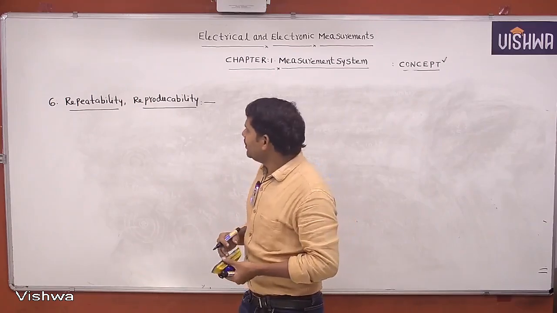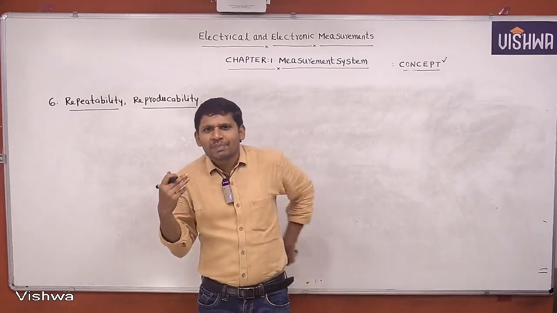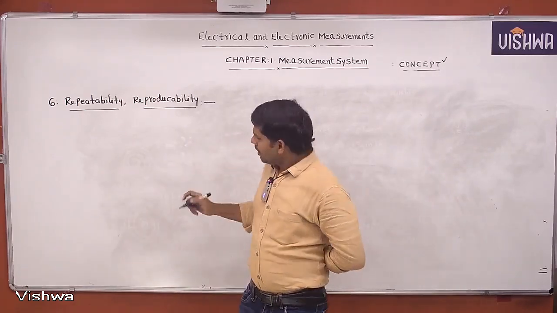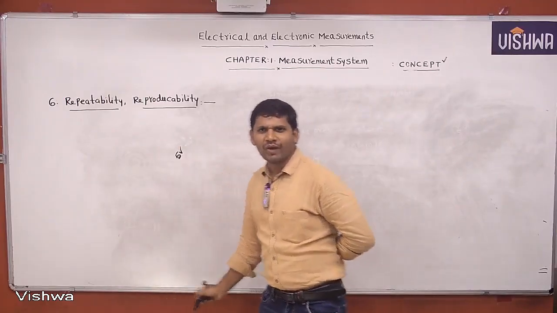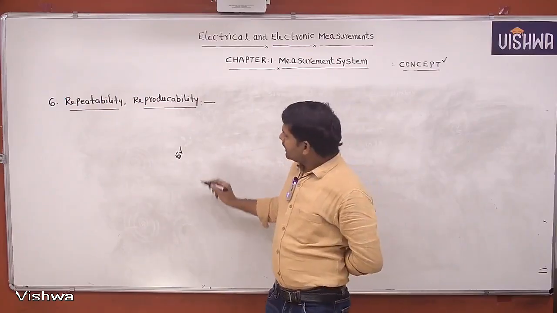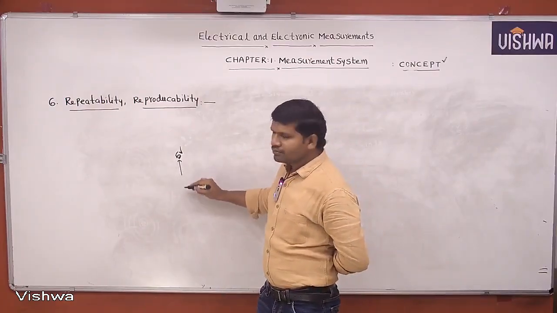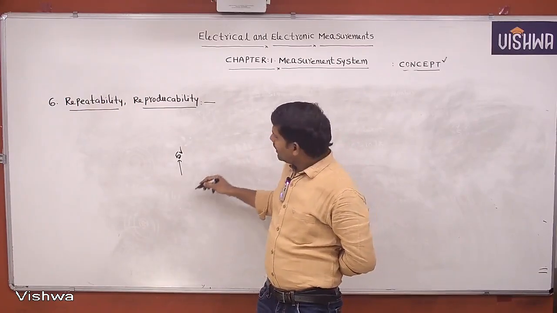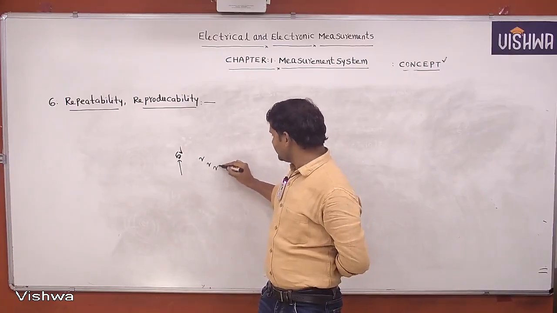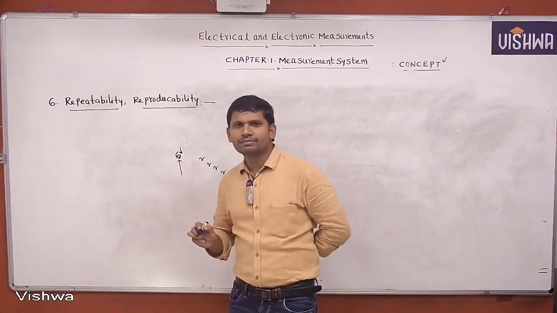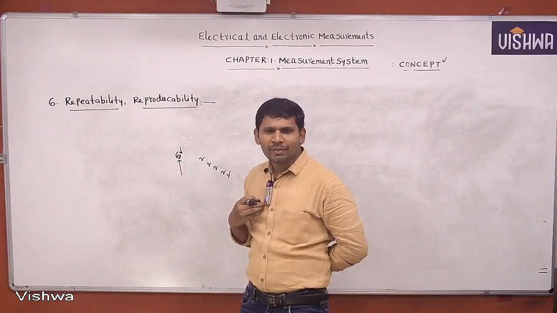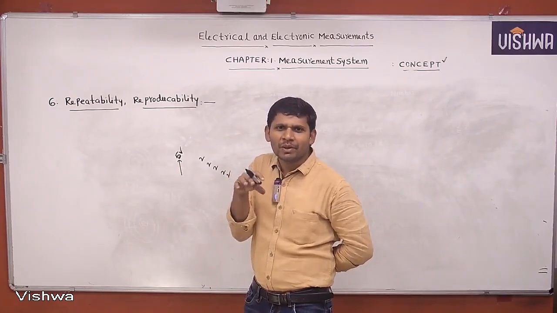For example, I am doing one experiment. In that experiment I am measuring 5 volts. This 5 volts input I gave 5 times, and every time I am getting the same reading. Then we can say that is repeatability.